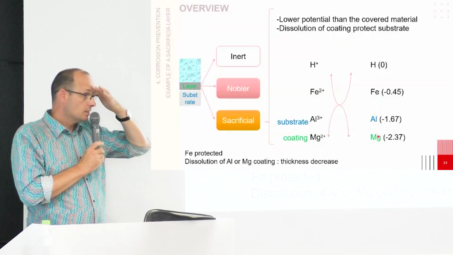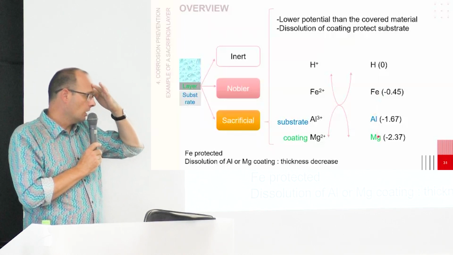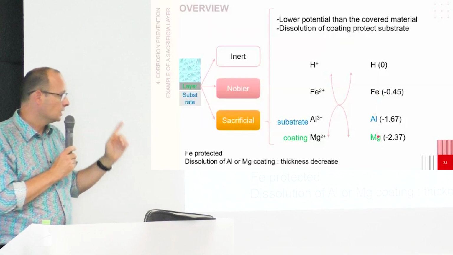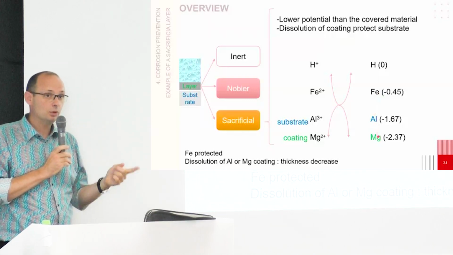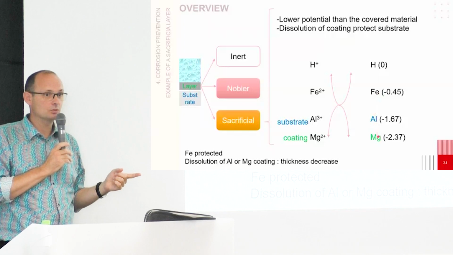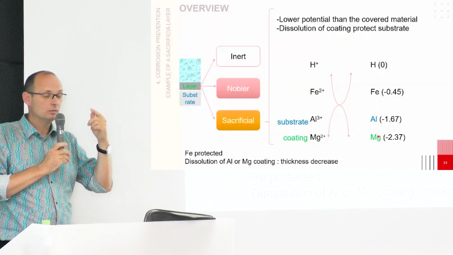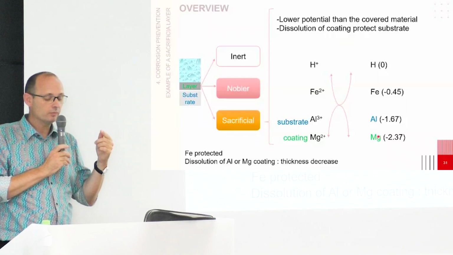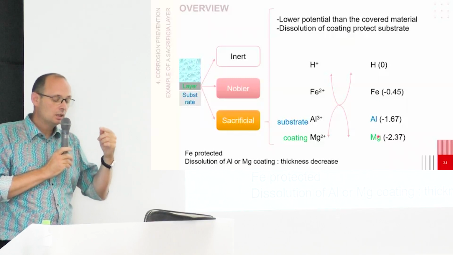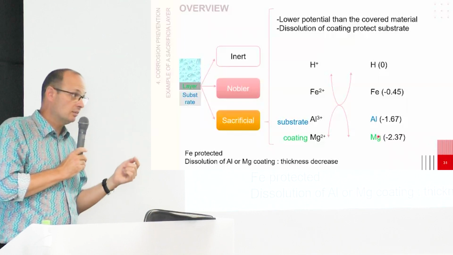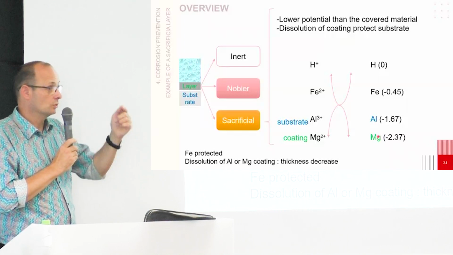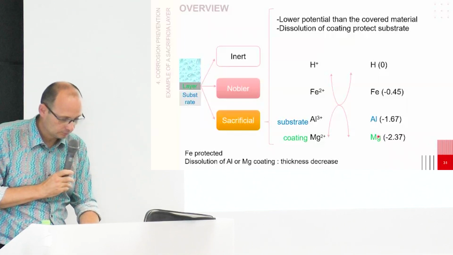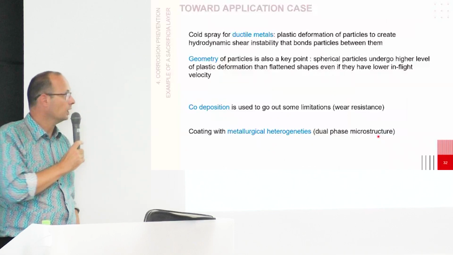When I'm saying that, it means that I already know that the thickness of my coating will be a key point in my infrastructure, and I will no longer monitor the substrate, but I will monitor the corrosion rate of the coating. Okay.